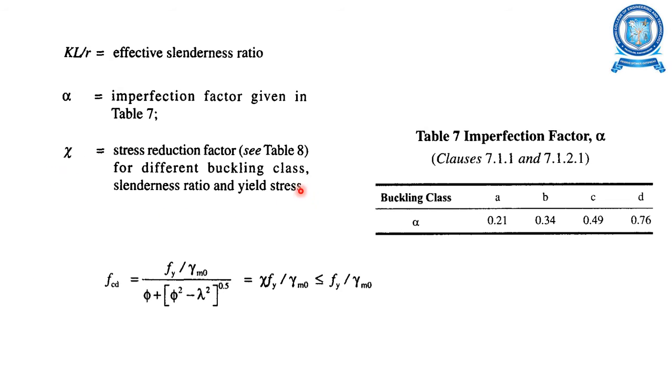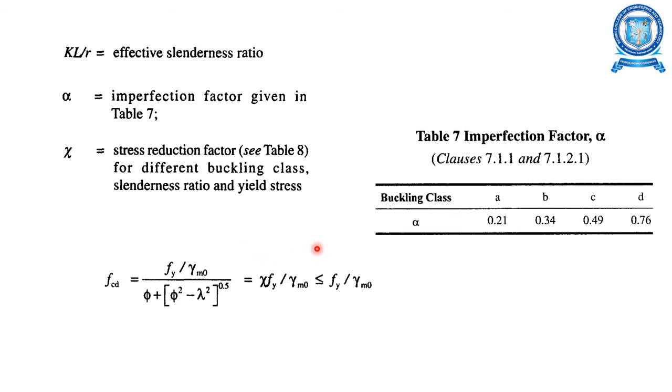Alpha is the imperfection factor given in Table 7 of IS 800:2007. The alpha value for buckling class A is 0.21, buckling class B 0.34, buckling class C 0.49, buckling class D 0.76. Based on Table 10 we have to choose this value. Then chi is the stress reduction factor.